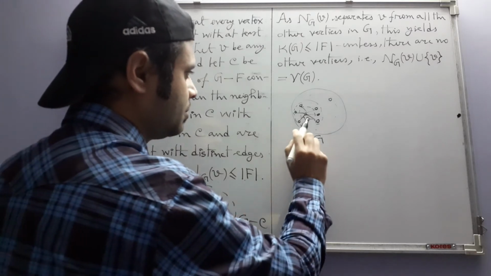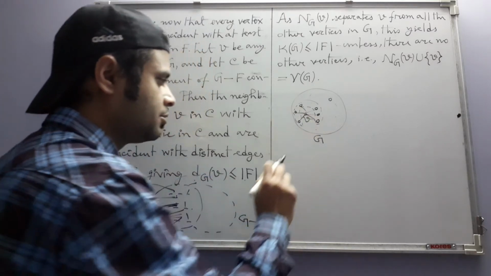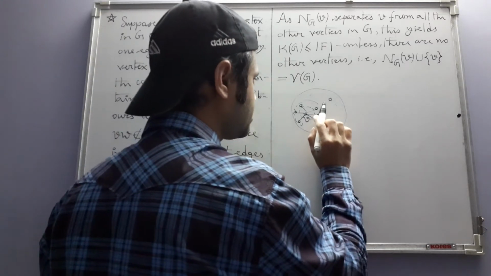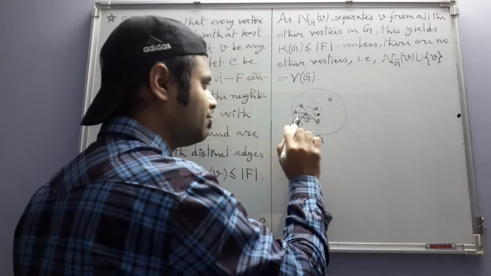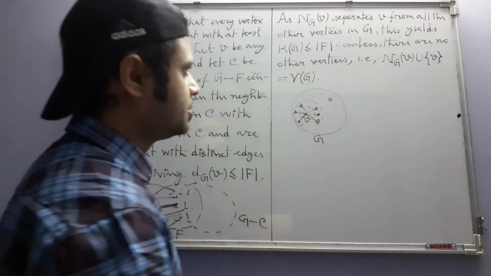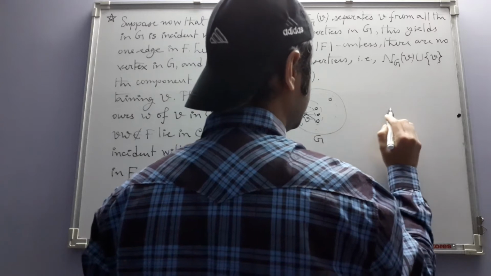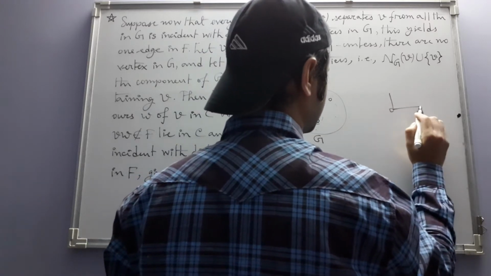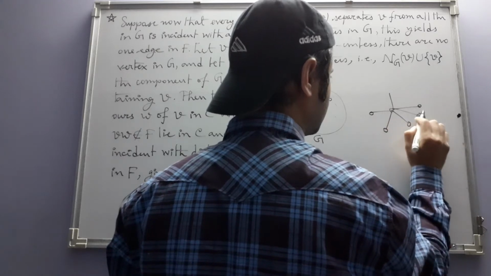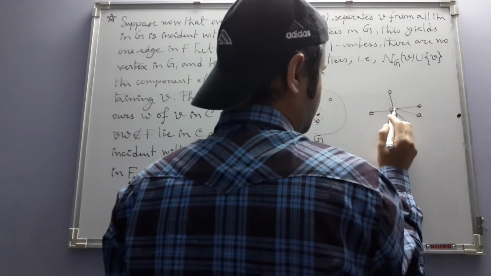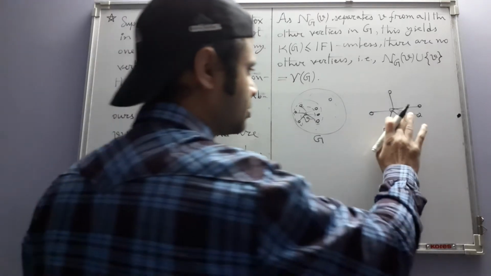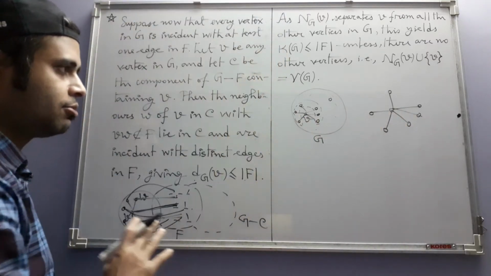But removing these neighbors will not disconnect G if G has nothing else, if this is all that G has. That is, if G looks like this, there may be only one such vertex, but there is at least one, because we know that G is given to be a non-trivial graph.